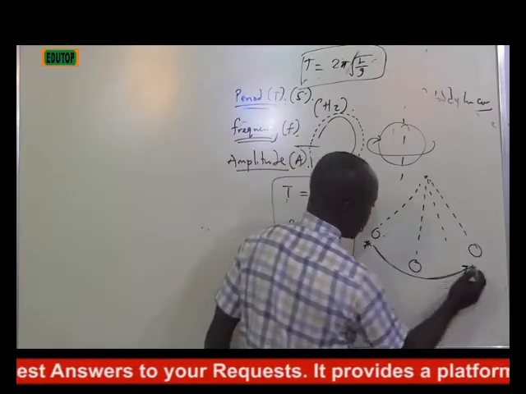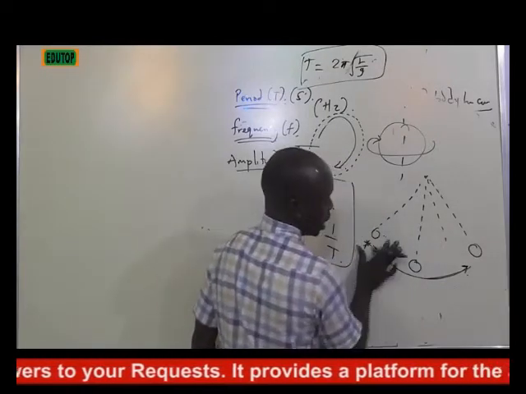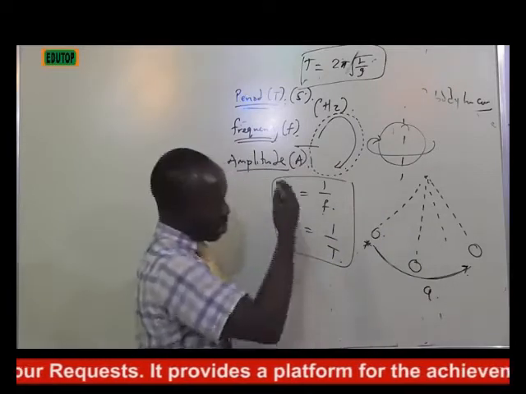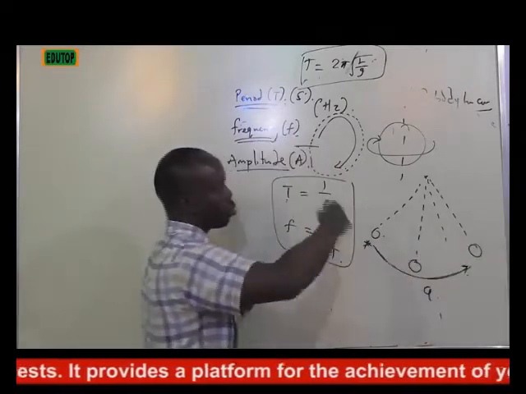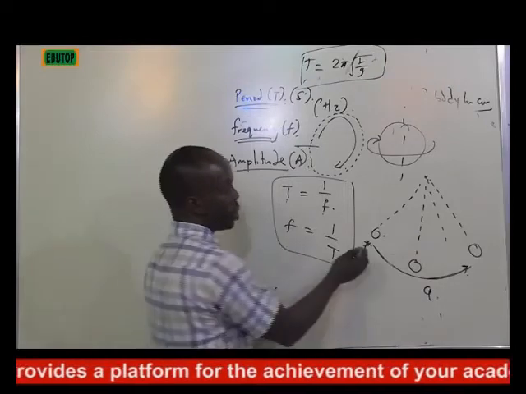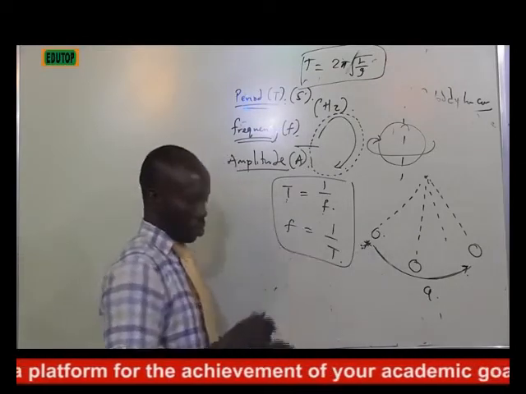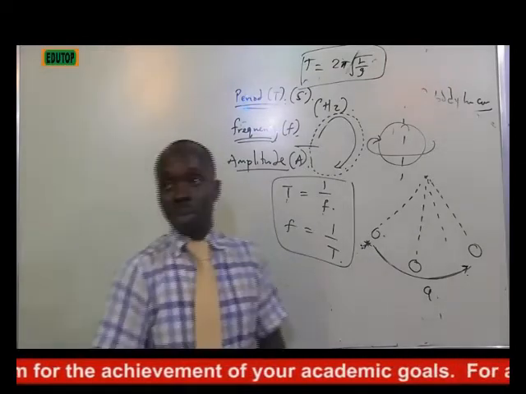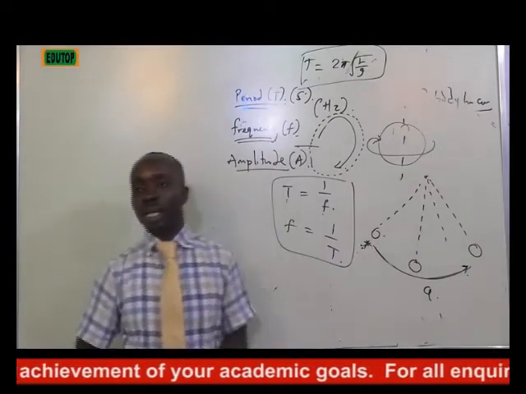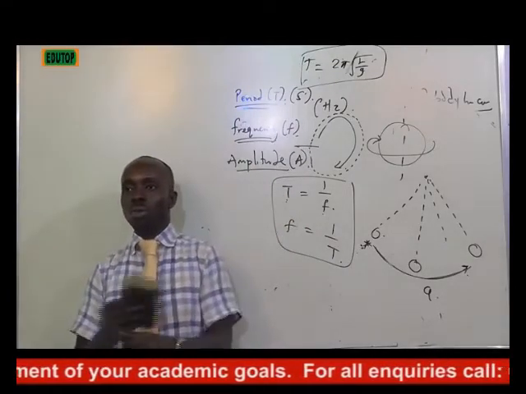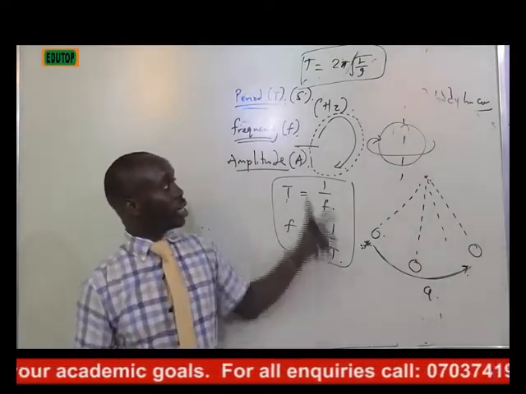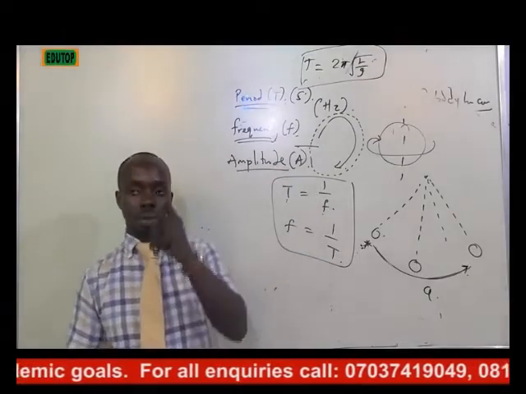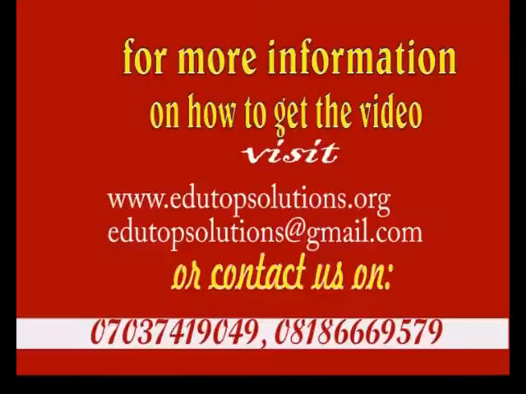Now, the maximum displacement here is what we call the amplitude. The maximum displacement an object could go from its reference point is what we call the amplitude. So there is a lot when it comes to simple harmonic motion. So many things need to be known.